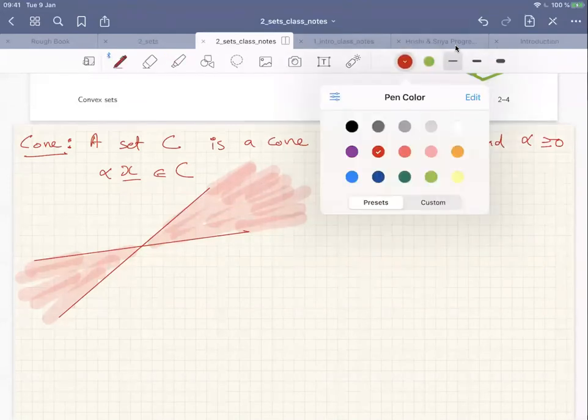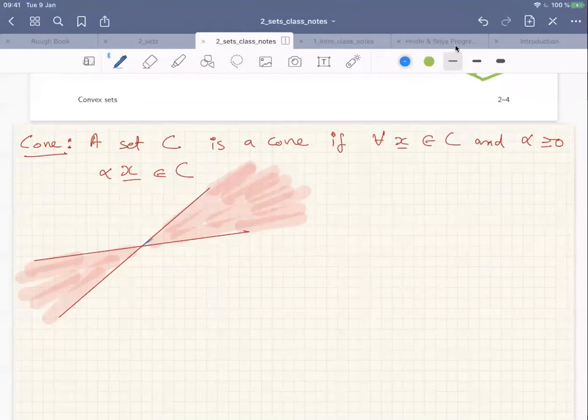Because if you take any vector x, for example, this is an x, then alpha x can be this, or it can be this if alpha is less than 1. And another vector here, and alpha x is here. So all such non-negative scaled versions of x are contained within the sector. For example, here I take y, and this could be an alpha y. So this is a cone.